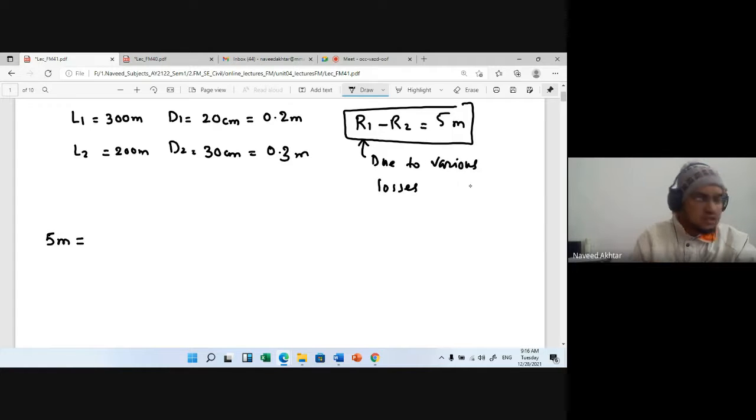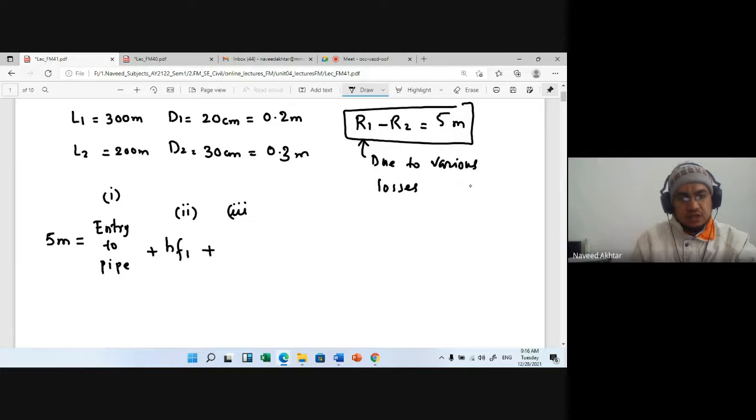What are the different losses? First, the loss at the entry to pipe. I will write this as the first loss, plus second loss is the friction loss, that is major loss HF1, plus third loss is due to the sudden expansion of the pipe.